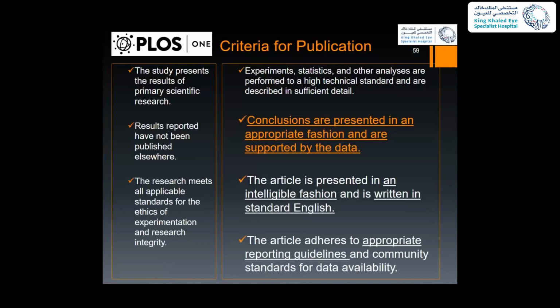This is a criterion for publication in PLOS One. If you write a manuscript well, analyze it well, and conclude well, and if the conclusions are presented in an appropriate fashion and are supported by the data, then you have done your job. And if the data has not been published previously, you can target PLOS One.